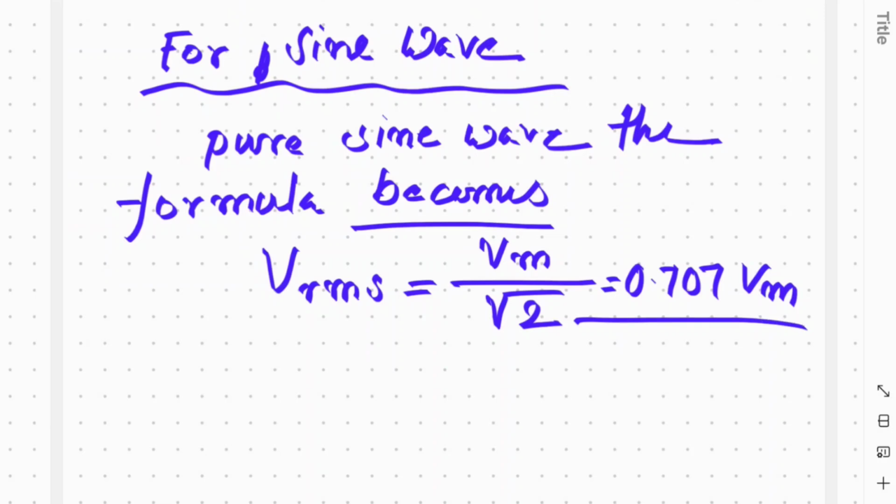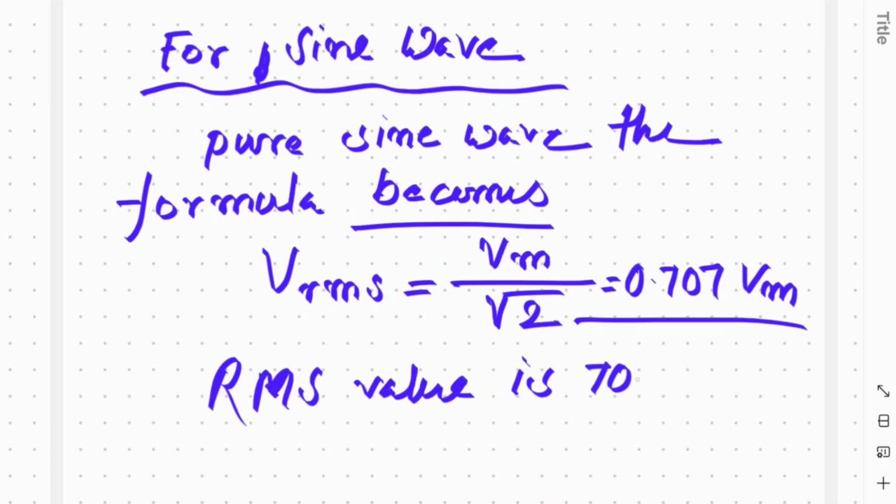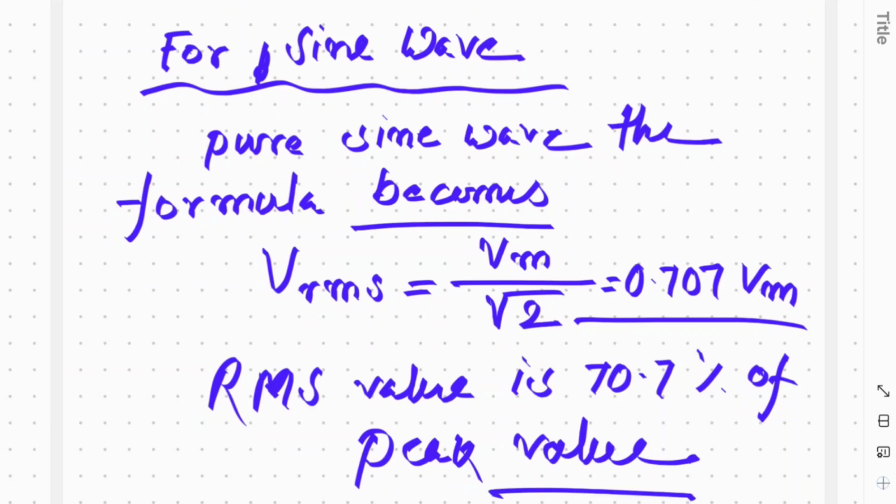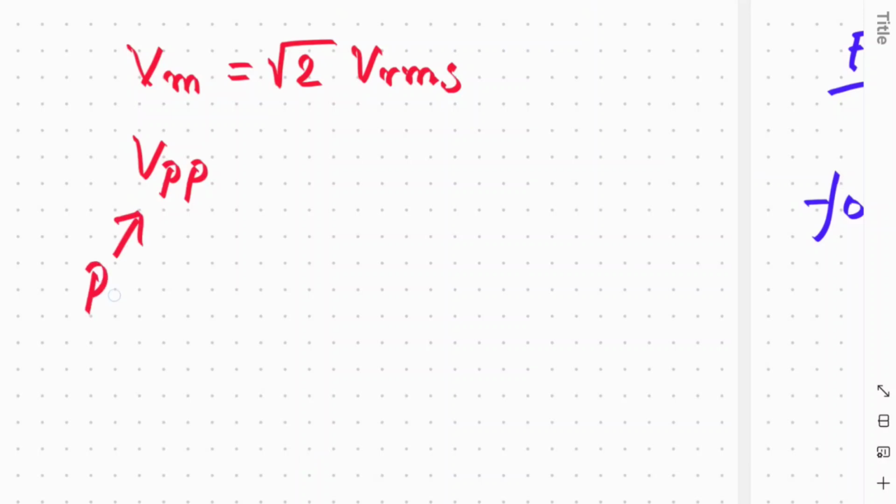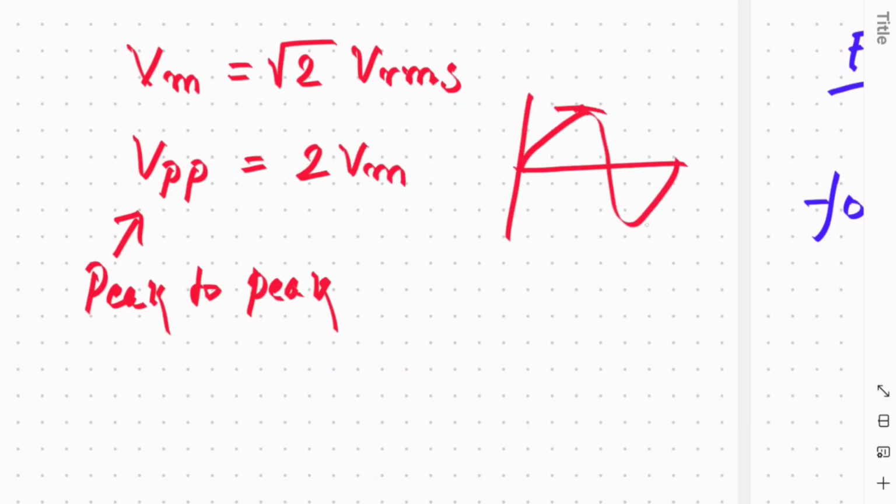That means the RMS value is 70.7% of the peak value. Now we'll see some important relations: Vm equals root 2 times V RMS. Peak to peak voltage V PP is equal to 2 Vm, one peak and the other peak.